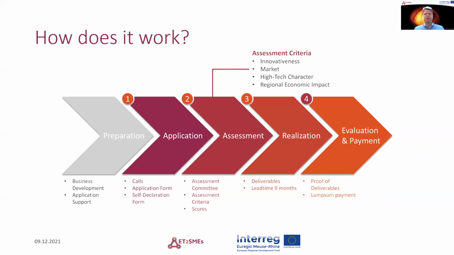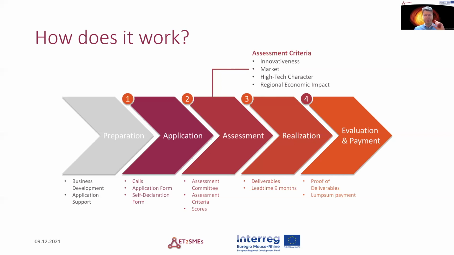Now, once the application is approved, then it's really up to you, the partners in the consortium, to realize the project and specifically to realize the deliverables mentioned and defined in the application. The lead time to do this is a maximum of 9 months.